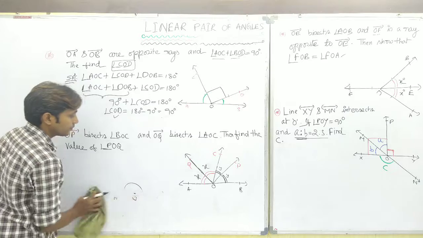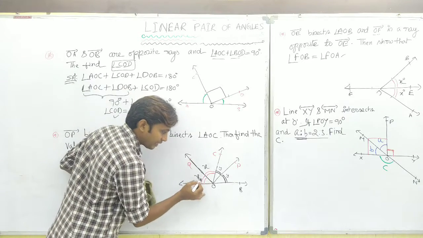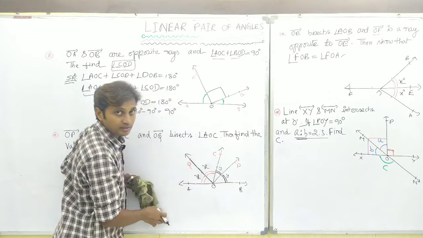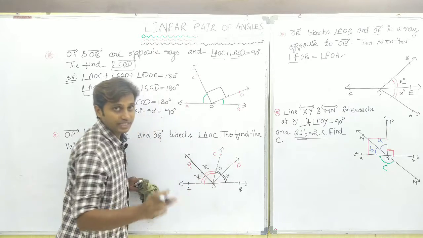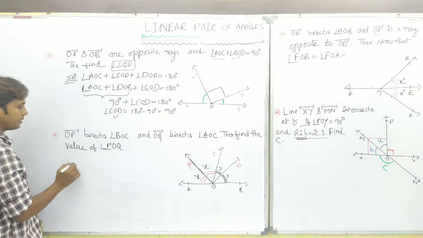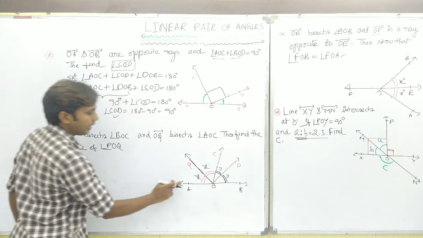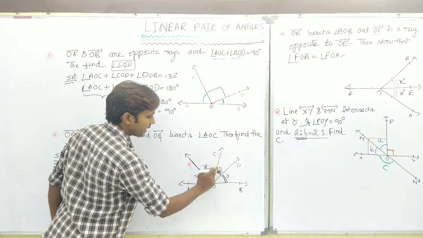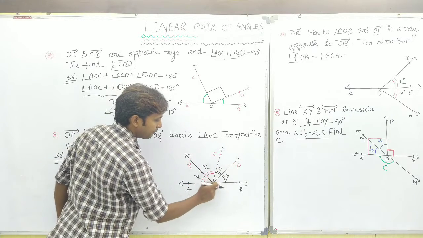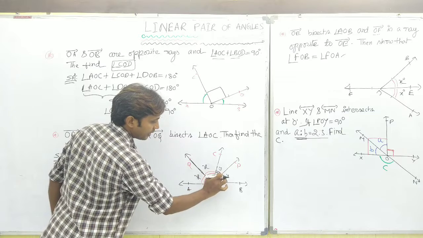Okay, so now just see here. This 180 degrees is split into four parts. On adding all of them, you get 180 degrees. So how can you write this? Just see here as a solution part. Angle AOQ plus angle QOC plus angle COP plus angle POB, means this and this and this and this.